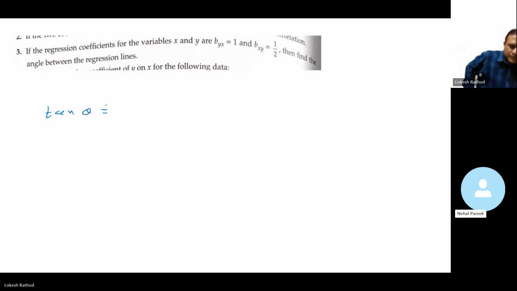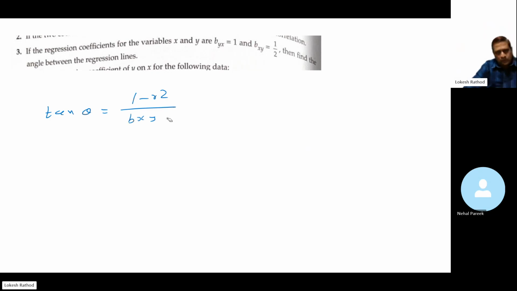So what was the formula for the angle between regression lines? tan theta is equal to 1 minus r square over bxy plus byx, with modulus, positive sign. Here r we don't know, so we need to find r.